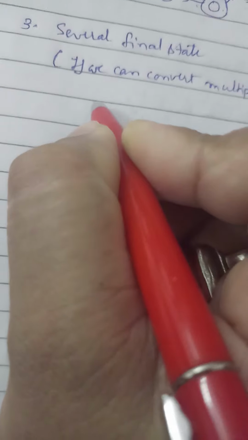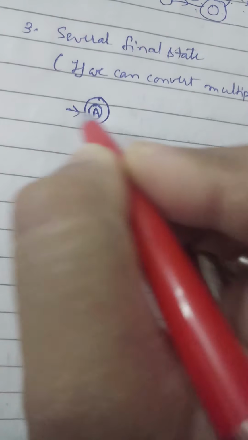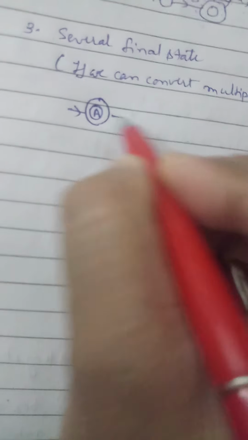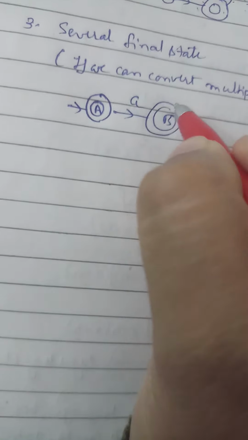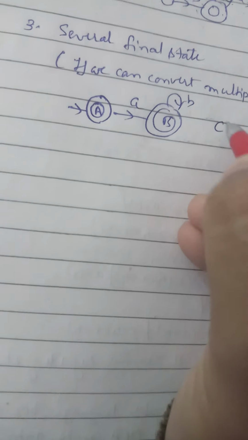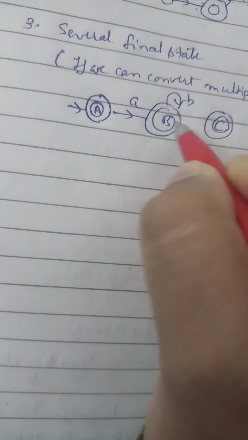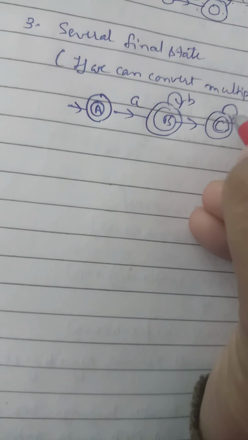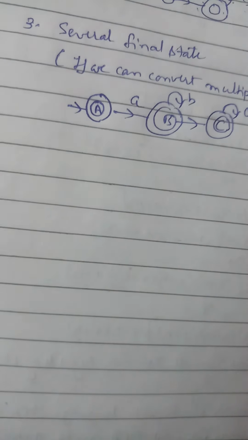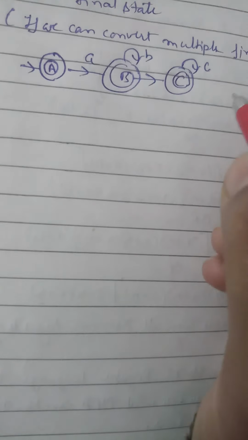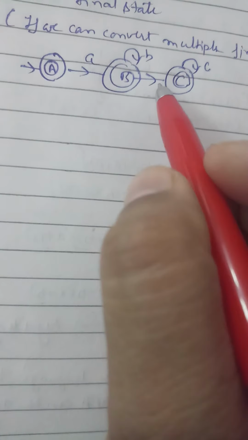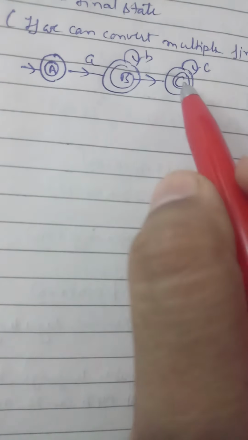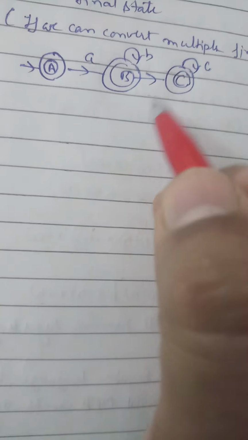suppose we have this example, this machine, and all are final states, and we cannot convert all the final states into one. Then what will we do?